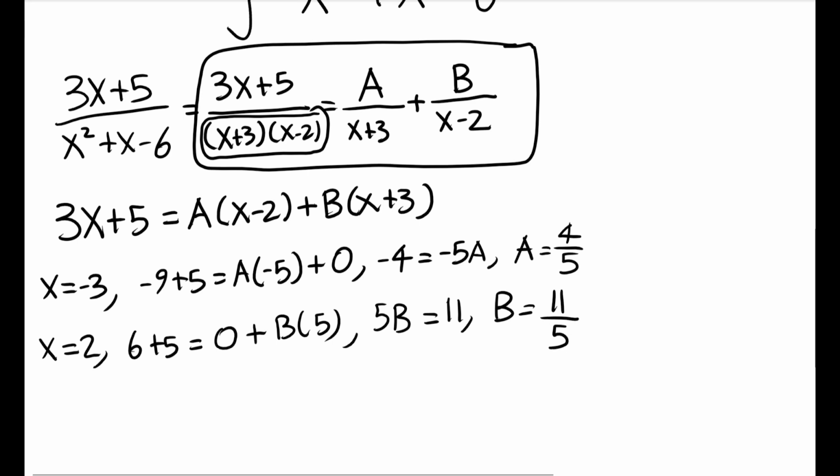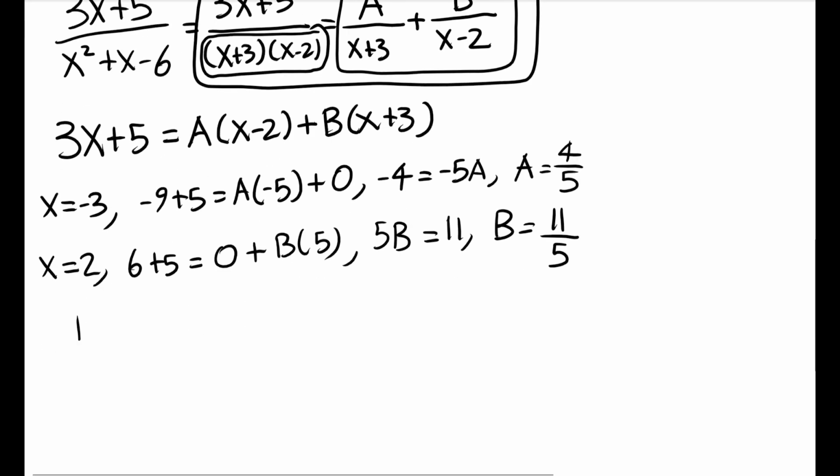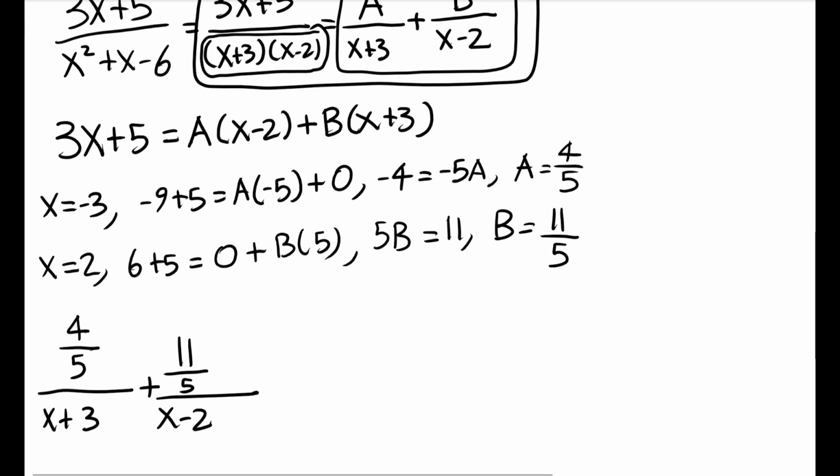So now let's go back to our step over here. And now we can plug in A and B. So in rewriting that breakdown, we'll get 4/5 over x plus 3 plus 11/5 over x minus 2.